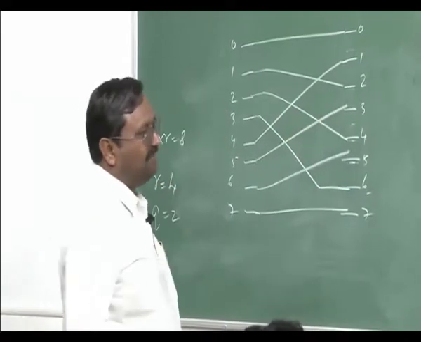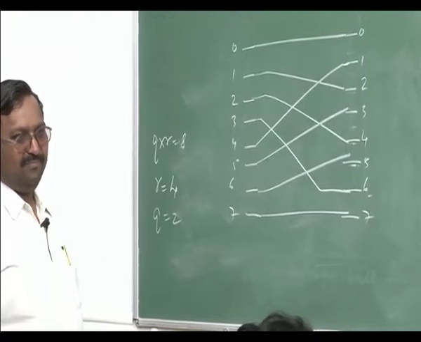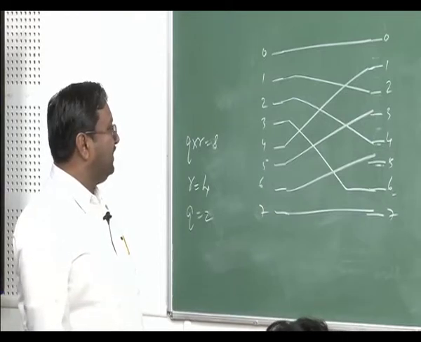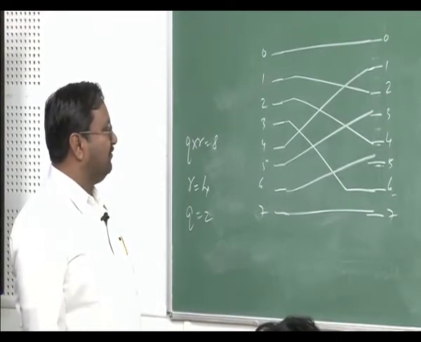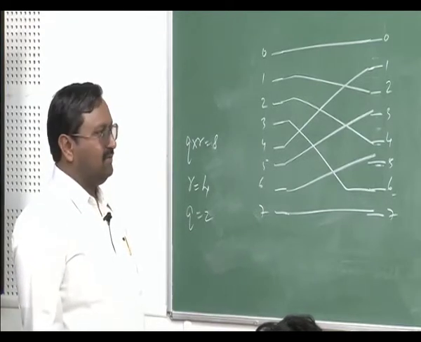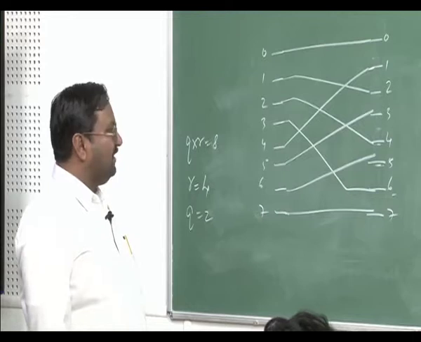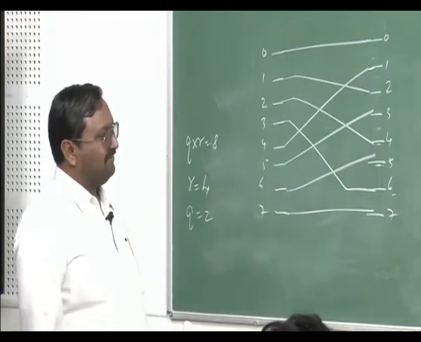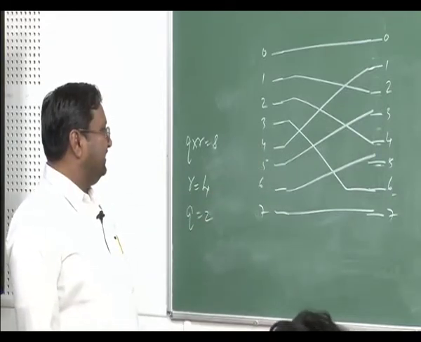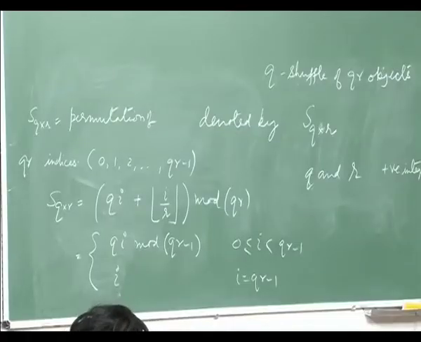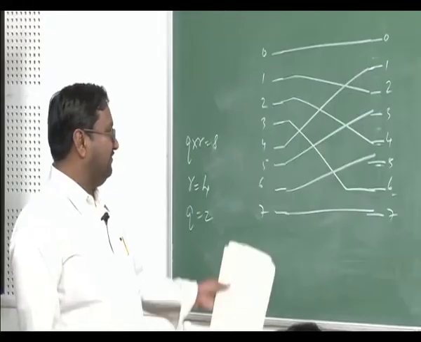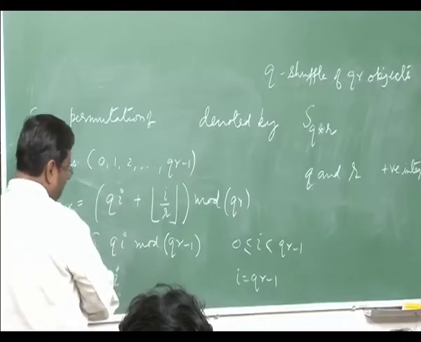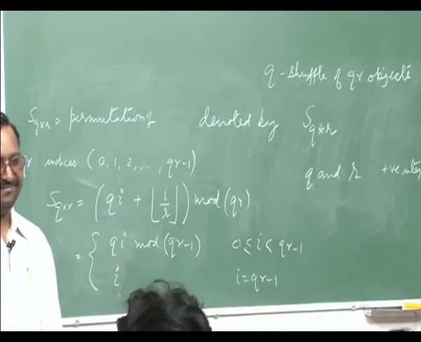So, 0 will give you 0, Q into I modulo QR modulo 7 now, okay. 1 will give you 2, 2 will give you 4, 3 into 2 will give you 6, 4 will give you 4 into 2 is 8, modulo 7 will give you 1, right connection. 5 into 2 is 10, modulo 7 will give you 3, 6 into 2 is 12, modulo 7 will give you 5, which is perfect, and when QR I is equal to QR minus 1, that time you have to use this I, the lower part, it also gives.